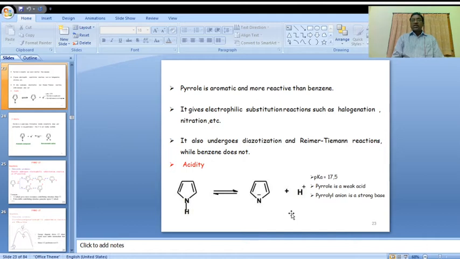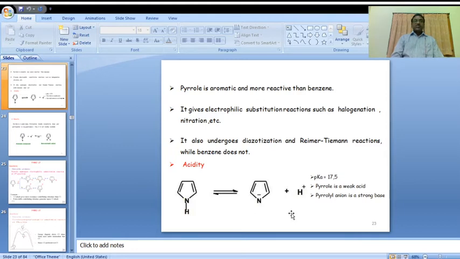It is a more stable compound. But compared with benzene, pyrrole undergoes reactions. It gives electrophilic substitution reactions such as halogenation, sulfonation, nitration, etc. In all these reactions, the electrophile attacks the ring.